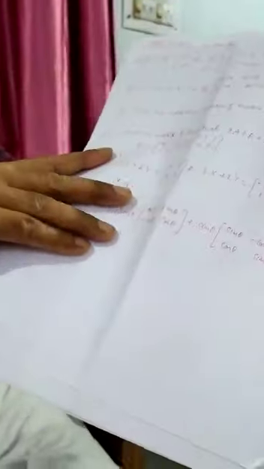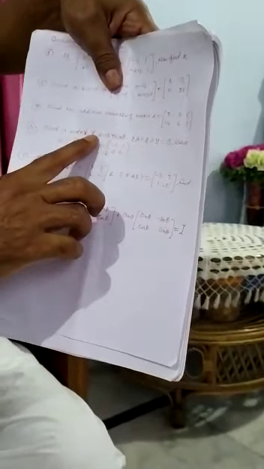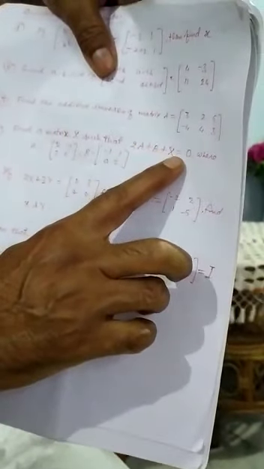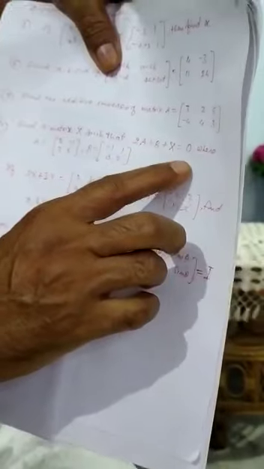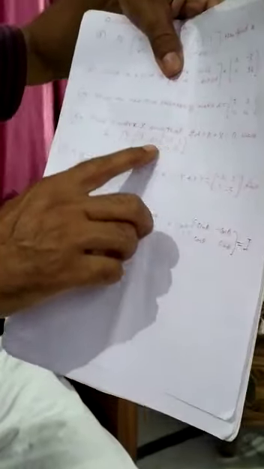Then question number 4: find a matrix capital X such that 2A plus B plus capital X equals 0, where A, B and X are matrices. This is a matrix equation, where A is given as this one and B is given as this.